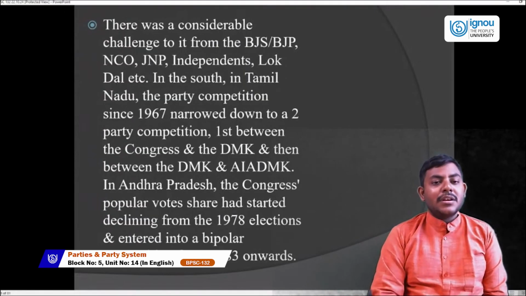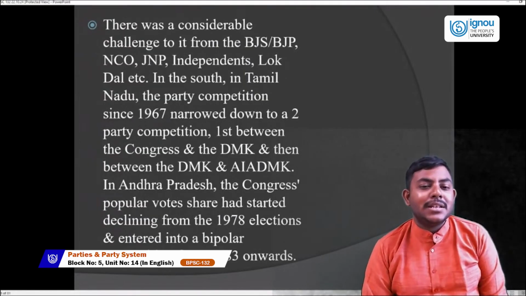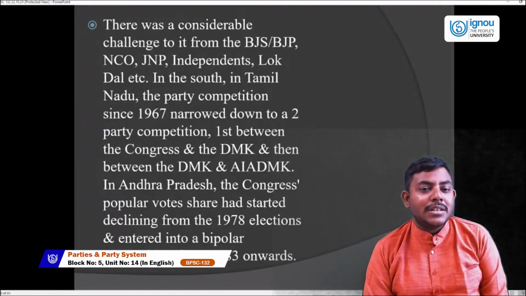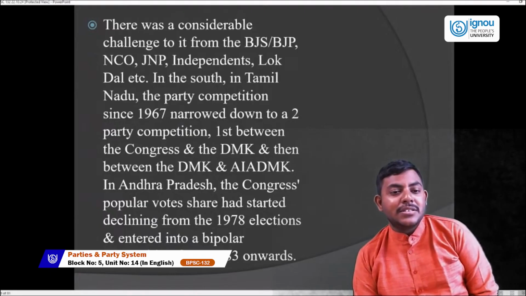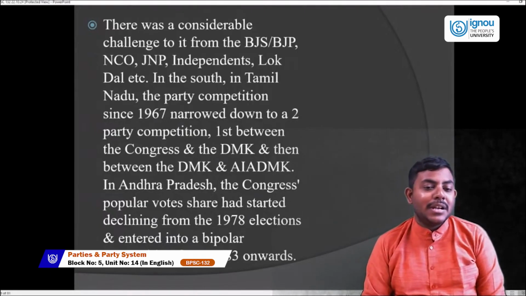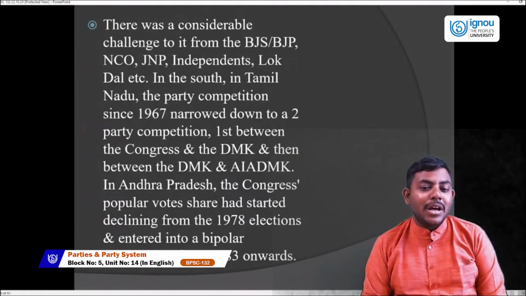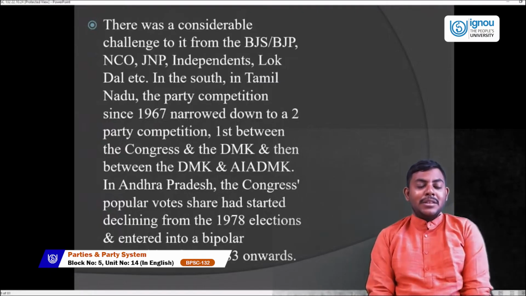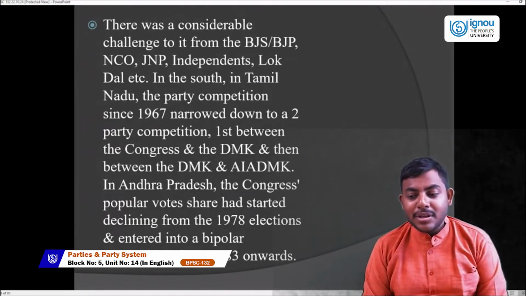So there was a considerable challenge to it from the Bharatiya Jana Sangh, Bharatiya Janata Party, Indian National Congress Organization, Janata Party, Independents, Lok Dal, etc. In the south, in Tamil Nadu, the party competition in 1967 narrowed down to a two-party competition, first between the Congress and the DMK, and then between the Dravida Munnetra Kazhagam and the All India Anna Dravida Munnetra Kazhagam.